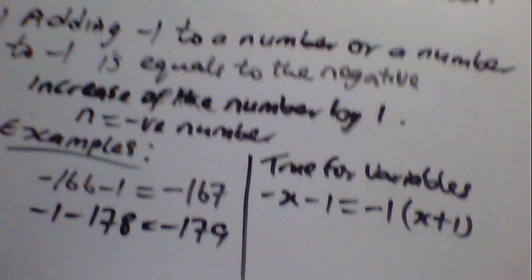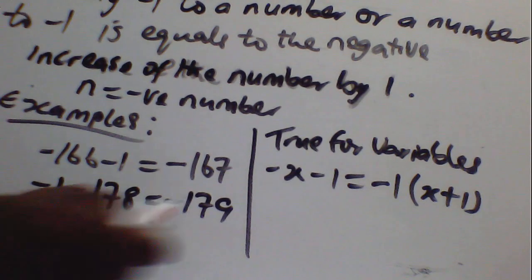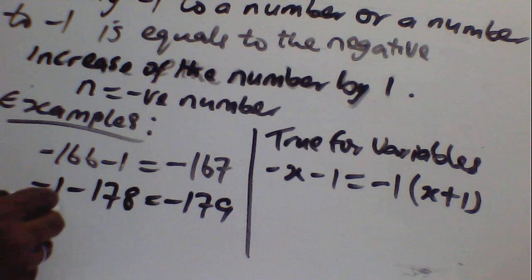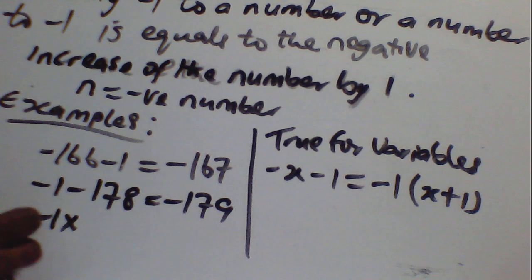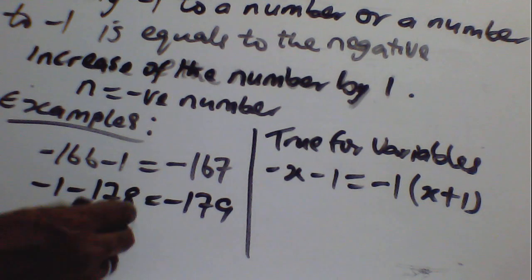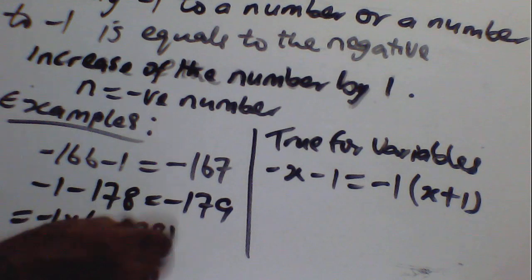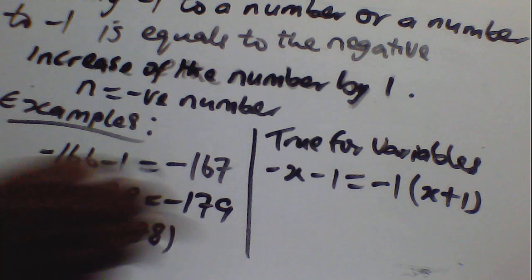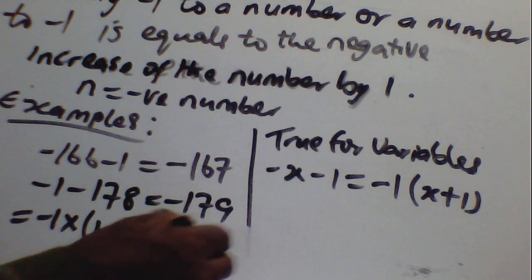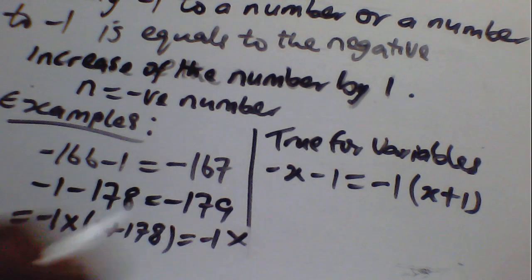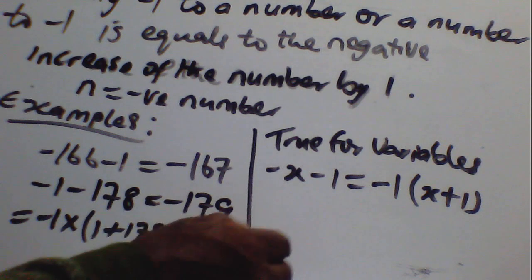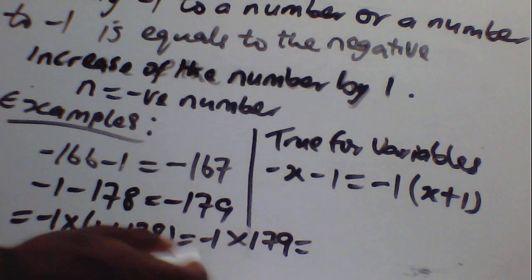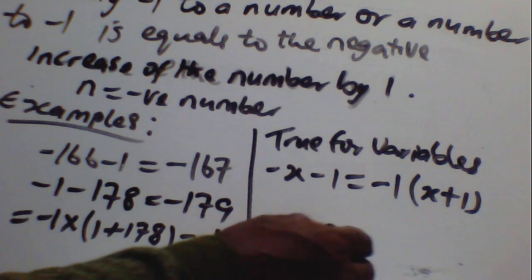You add 1 to the number and multiply by minus 1. So this is equal to minus 1 times the quantity 1 plus 178. Minus 1 multiplying 1 plus 178 is 179, and minus 1 multiplying 179 is minus 179.